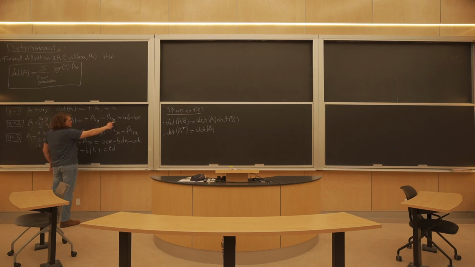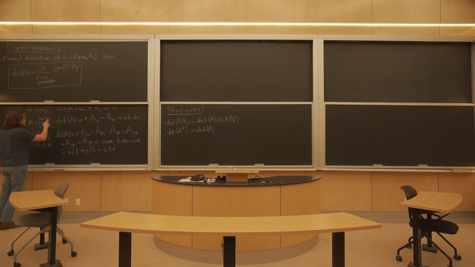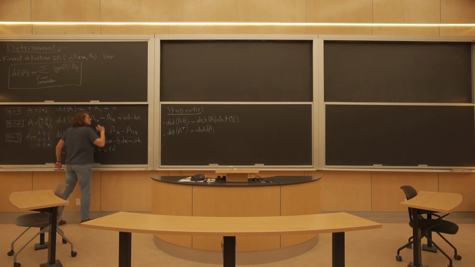The other one takes 1 to 2 and 2 to 1, which means I multiply the 1,2 entry and the 2,1 entry, so B times C, and the sign of this, because it changes orientation, is minus. And so it produces the formula for 2 by 2 matrices.